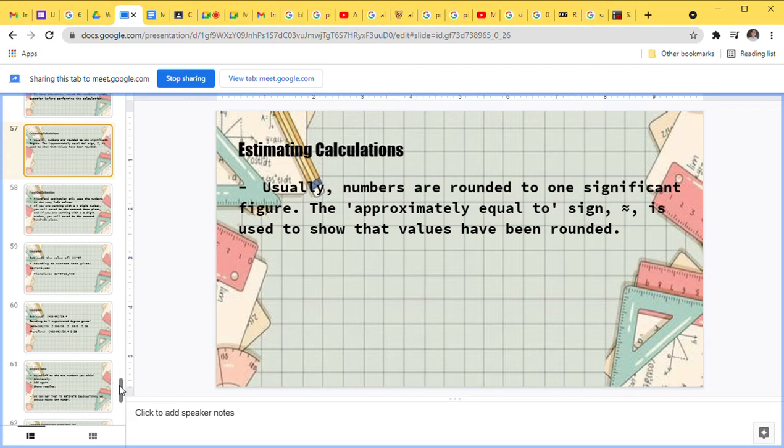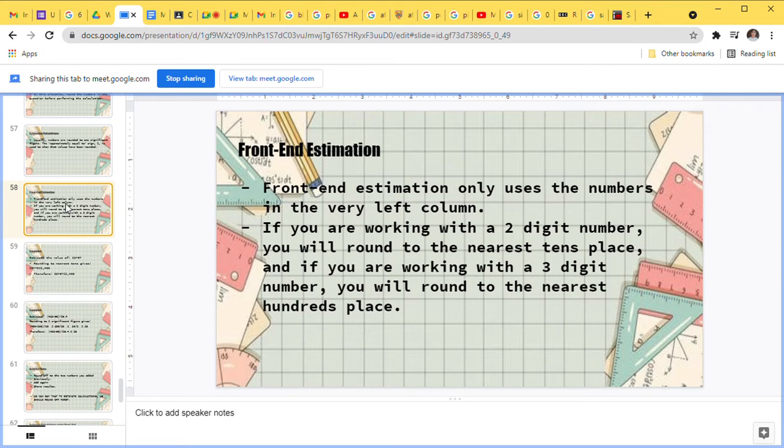No questions, says Ryan. No, says Gerald. So in your assignment, you will find front-end estimation. Front-end estimation only uses the numbers in the very left column. So if you are working with a two-digit number, you will round to the nearest tens place. And if you are working with a three-digit number, you will round to the nearest hundred place.